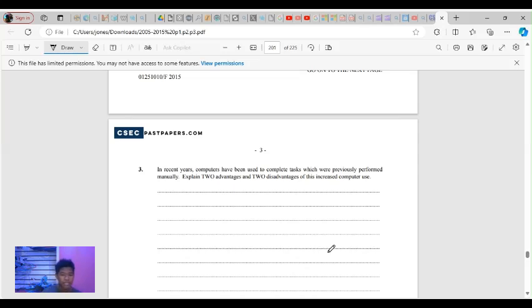Disadvantage number two is that if there is no electricity, the user cannot access information on the storage device. If you don't have current, you can't access that information on your computer, because a computer and generally any electronic device, like a phone or a TV, needs electricity to work.